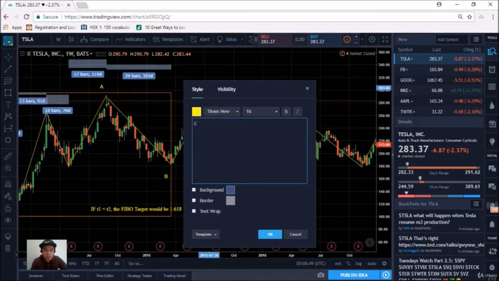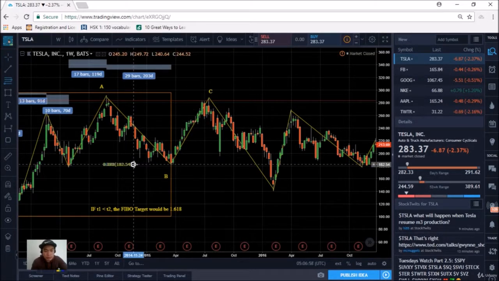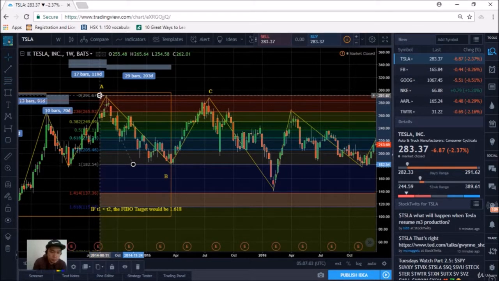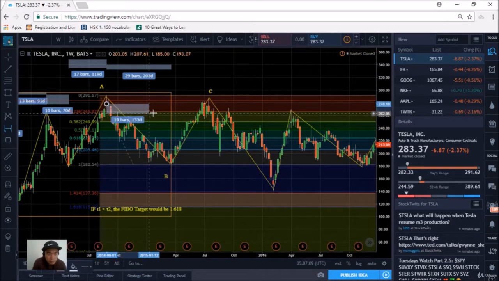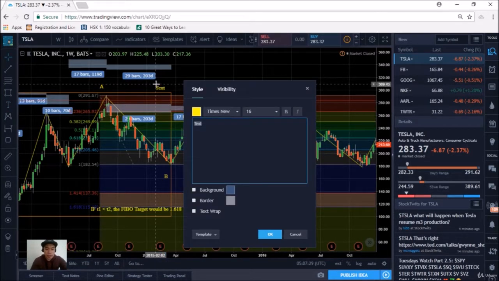You need 3 points in order to do Fibonacci analysis. So you take the distinct high and the distinct low, and then you have to calculate the candles. At this point it's 203 days, and this point is 119 days.